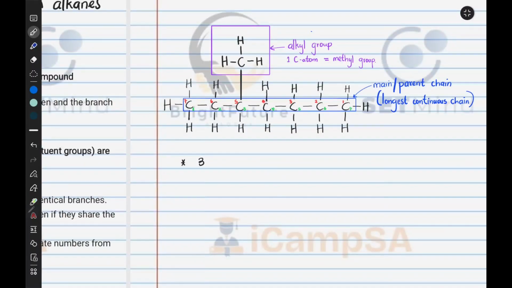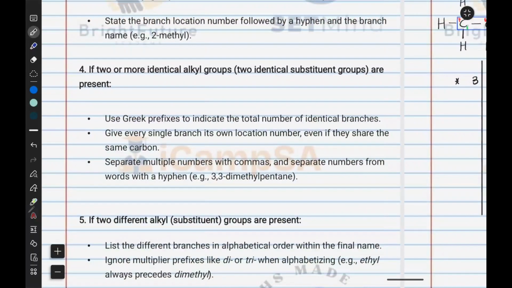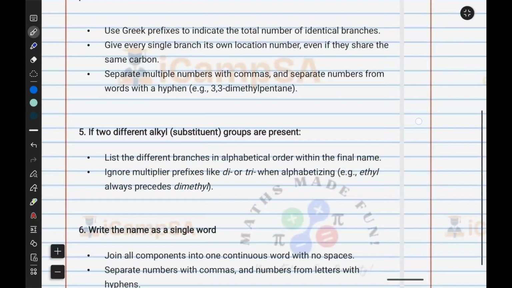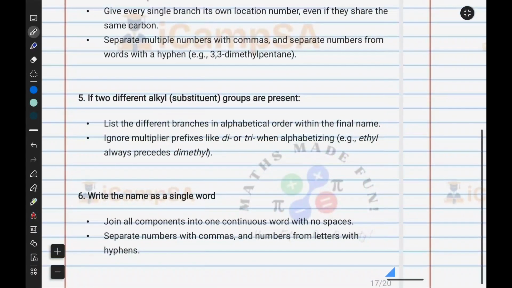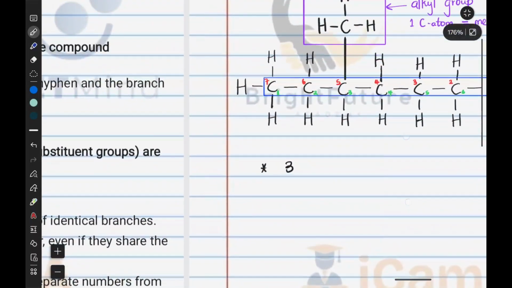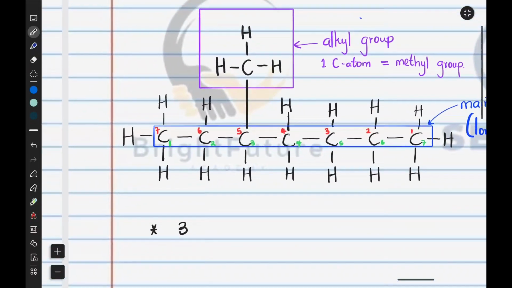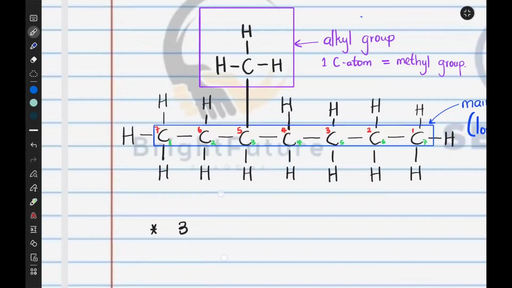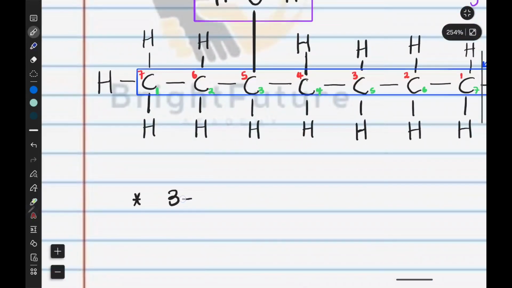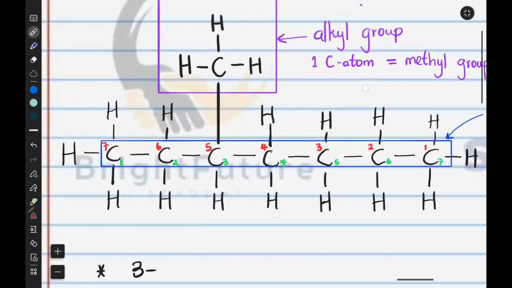So the rule says, it's actually the final rule, whenever we write a number and then a name, we separate the two with a dash, right? So since it's on the 3rd carbon atom, we'll write the number of its position along the carbon chain, which is carbon number 3, and then we write the name of that alkyl group.